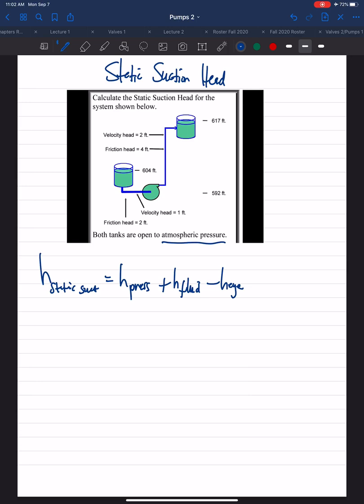So here we said atmospheric pressure. So H pressure is the 33.9 feet.